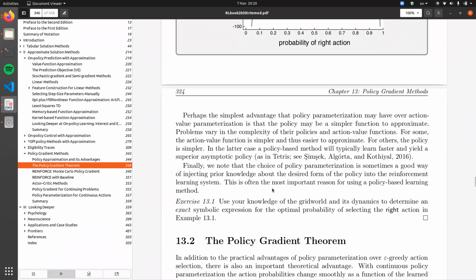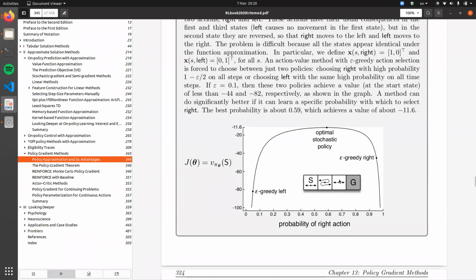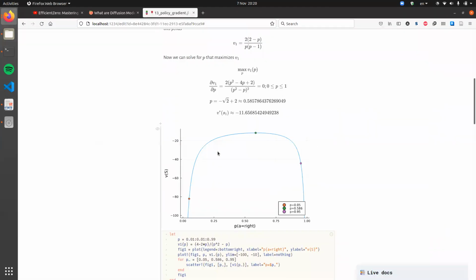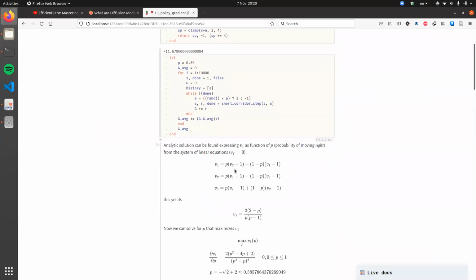We can essentially solve this problem analytically to find this number here. I will just briefly go over that. We can write out the values for each state, which produces a system of linear equations. That is quite straightforward, and we have probably discussed it some time ago.